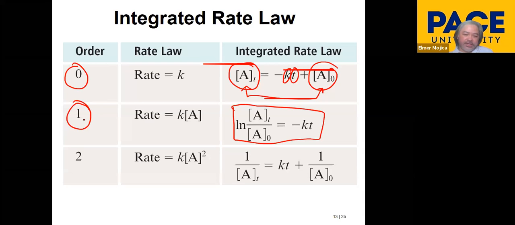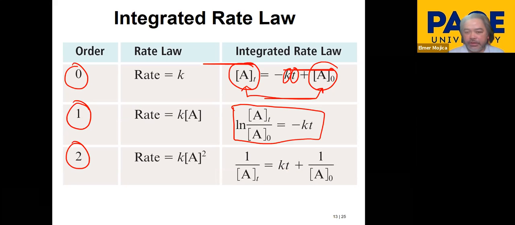Now, if it's a first order reaction, it is ln of [A] after time over initial concentration equals negative kt. And in the second order, it is the reciprocal of the concentration after time equals kt plus 1 over the initial concentration.